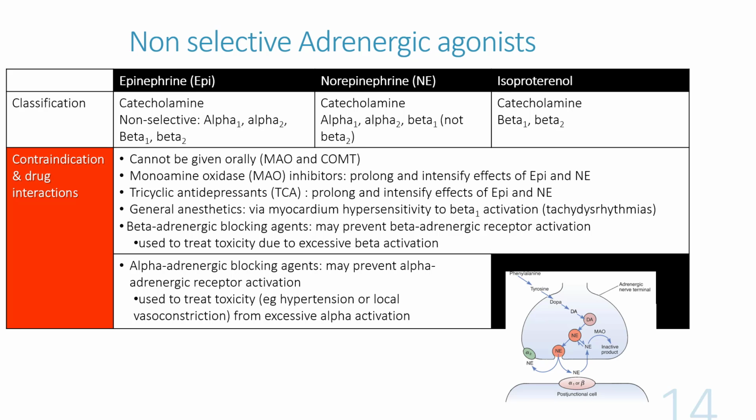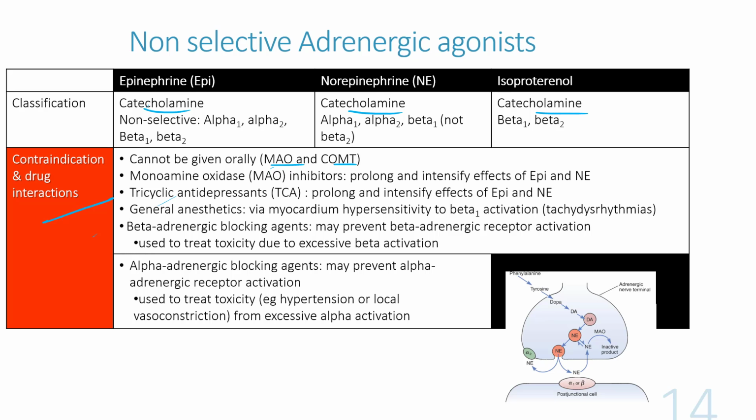Same 3 drugs, but what we're going to look at are contraindications and drug interactions, right? Because these drugs are catecholamines, they're very rapidly inactivated by the 2 enzymes listed over here.